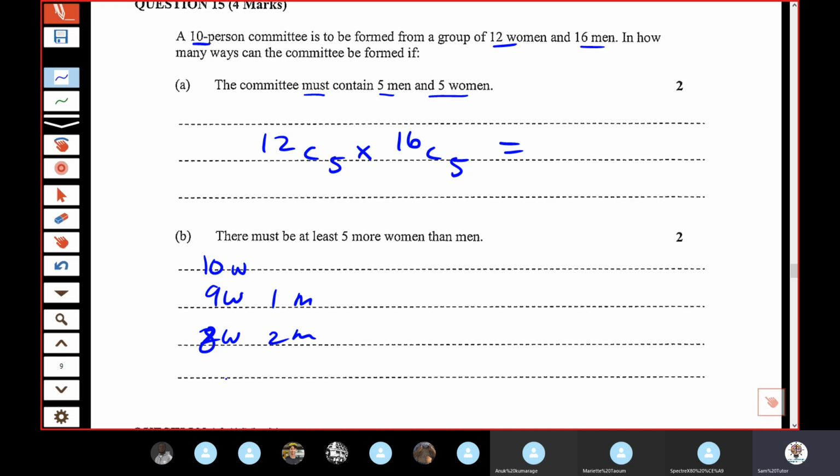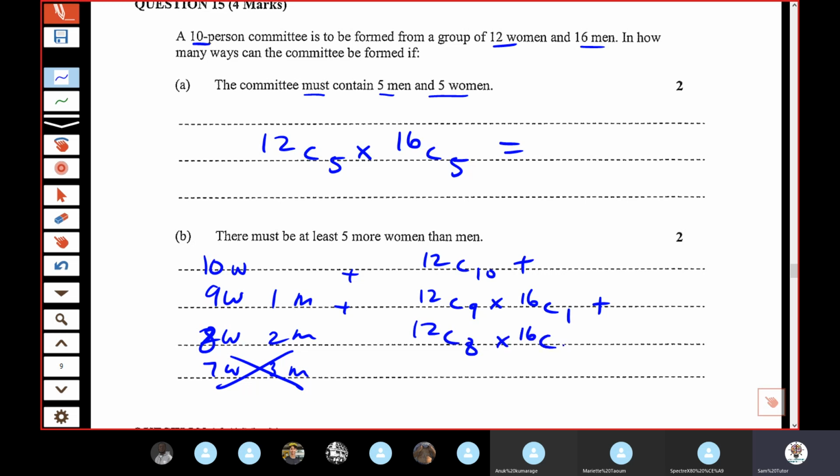What about 7 women and 3 men? That's only a difference of 4, so cross it out. So that means you're going to go 12 choose 10, plus 12 choose 9 times 16 choose 1, plus 12 choose 8 times 16 choose 2.